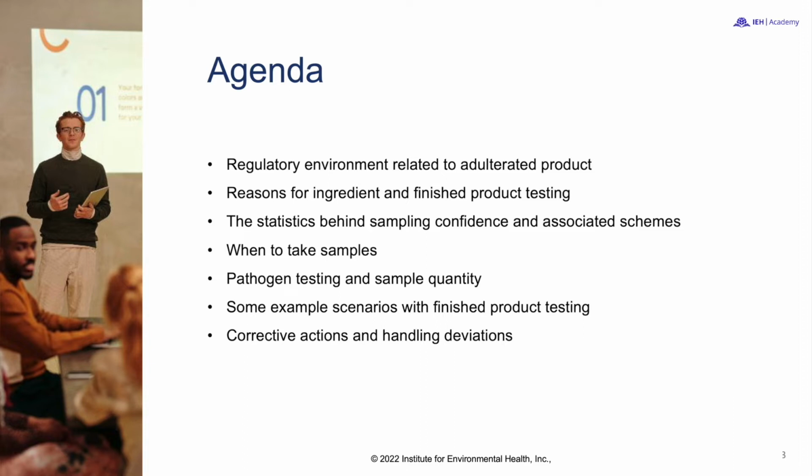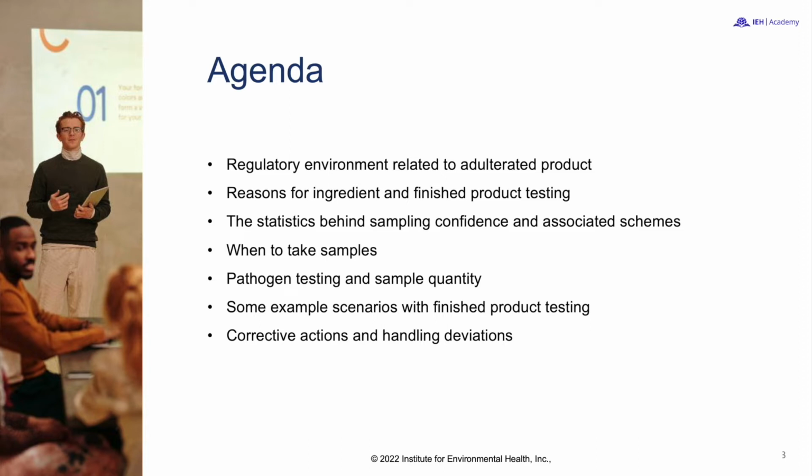And in trying to think about the scope of this, there's a lot of different things you can test for: chemical hazards, microbial pathogens, indicator organisms. We think one of the things that's most important to get right is pathogen testing. And so in the time we have available, we're going to put our emphasis on pathogen testing and sampling plans.